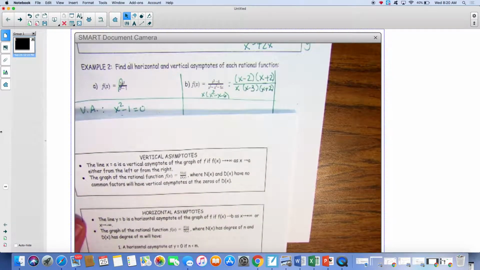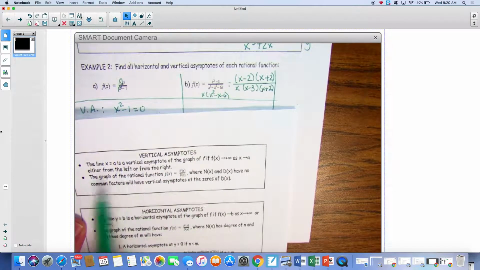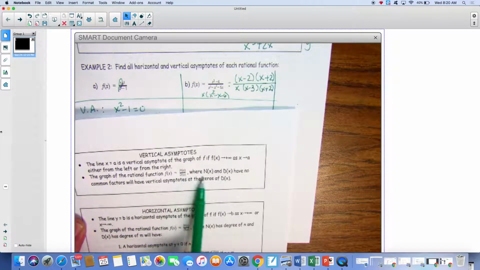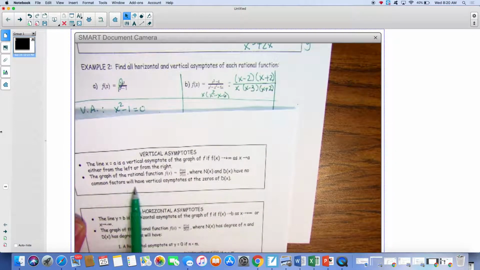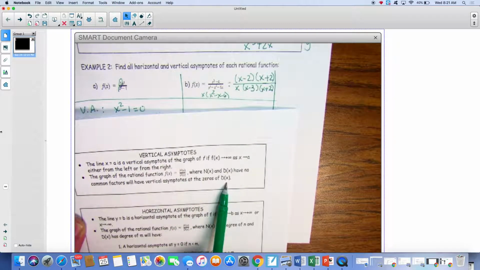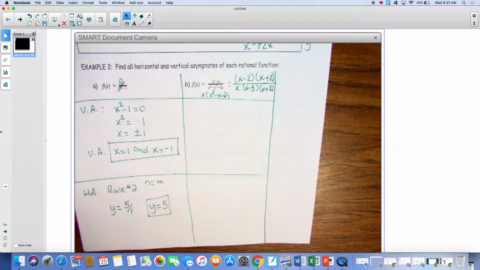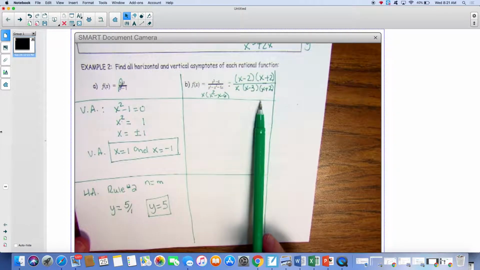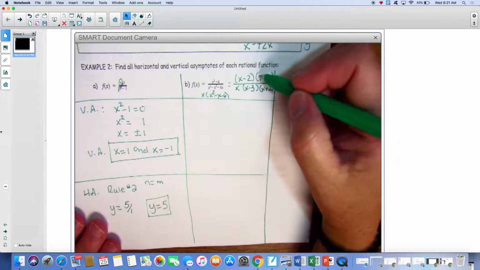Now notice up here that the graph of the rational function has no common factors. We'll have vertical asymptotes where the denominator equals 0. Okay? When we factored this, what common factors do they have? They have the x plus 2's, right?